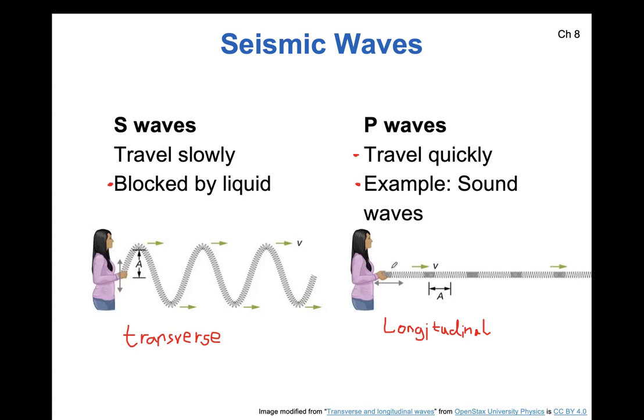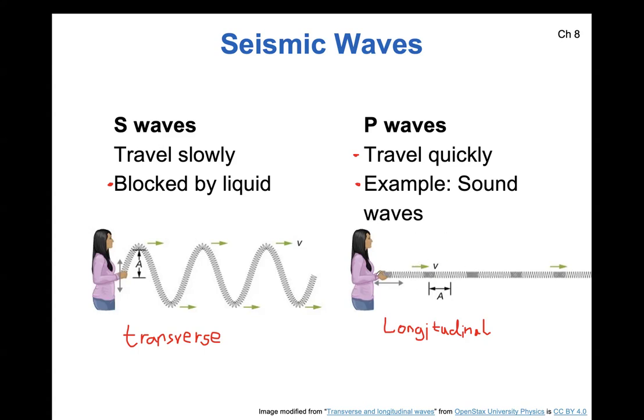The way that they travel is by having displacements that take the form of either condensing, so here we can see the springs or rings of the slinky getting more condensed, or stretching. So they travel through stretch or condense.